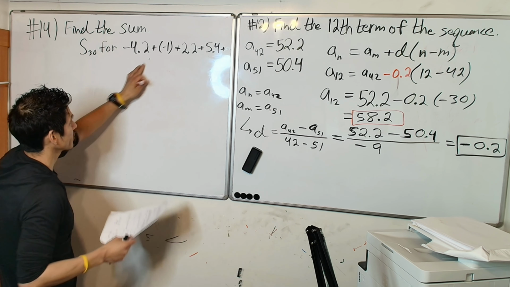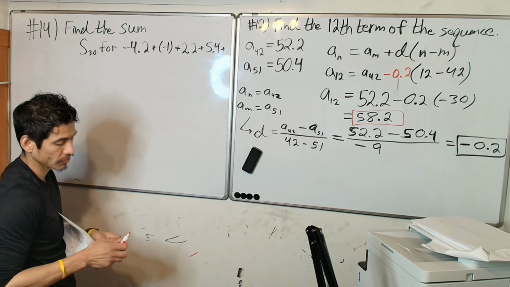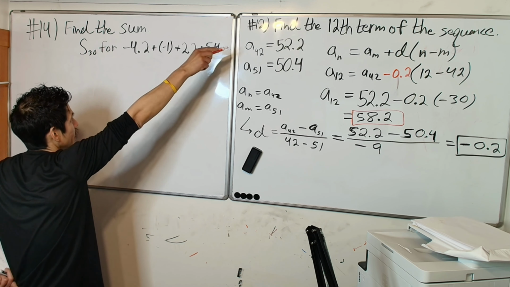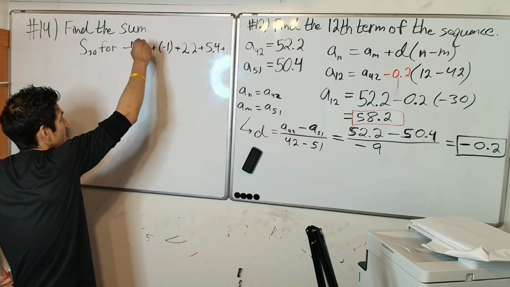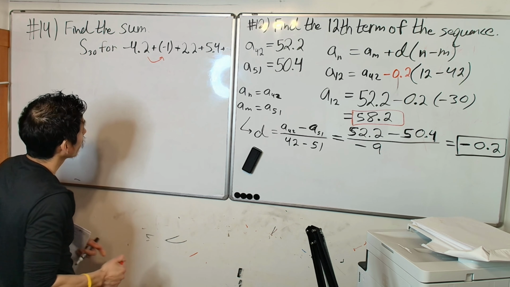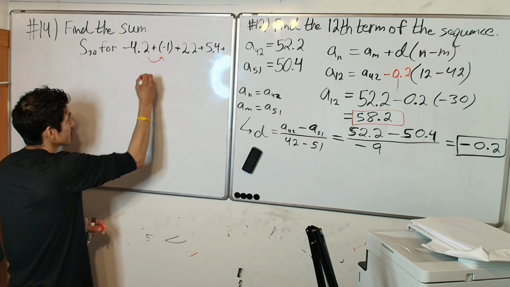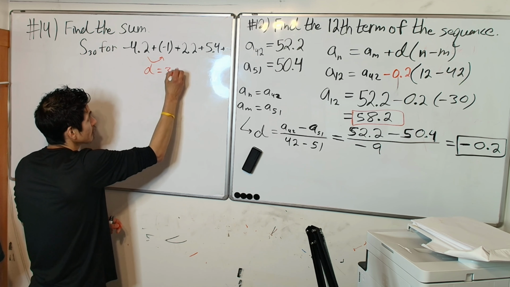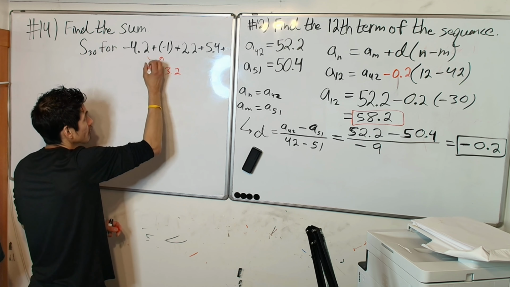Okay, so first let's figure out what the common difference is. And that's pretty simple when they're given in order. So from negative 4.2 to negative 1, that'll be 3.2. Yeah, we're adding 3.2 each time.